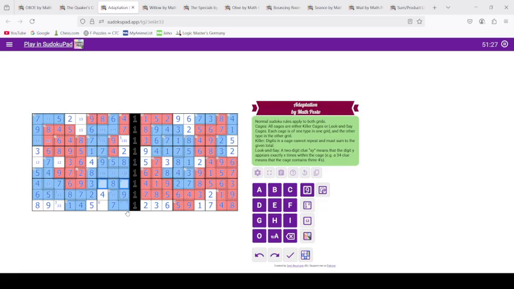And what else was completing this puzzle? This is a 1, 2, 5 pair, I guess.